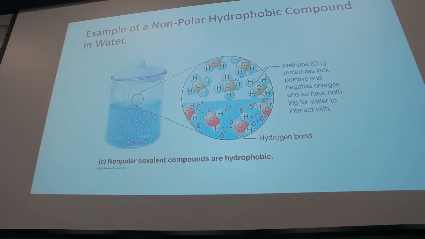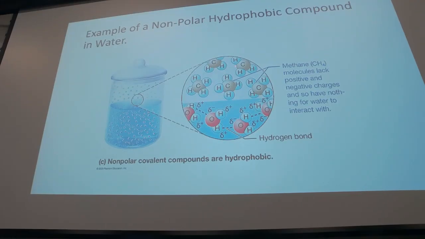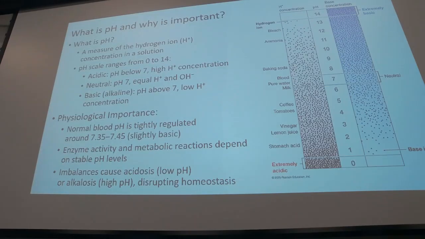There will not be any chemical attraction between them. Or like oil and water. That's an example of another nonpolar compound. So in this case, both of them are polar, water and carbon monoxide. And in here, this one is nonpolar and this one is polar because it has charges.